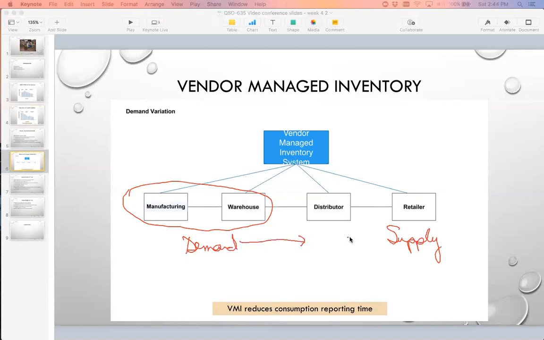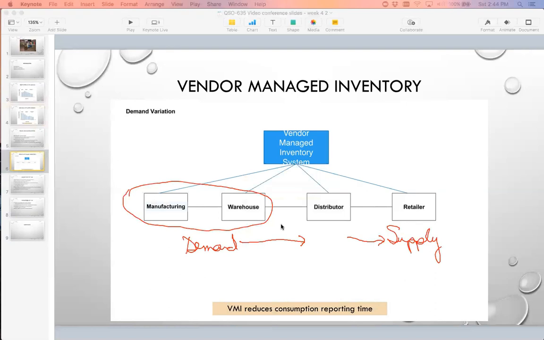They want demand and supply to be equal. Okay. So if demand and supply are equal, the distributor's happy. If demand is greater than supply, then they have shortages. Okay, and then the retailer's not happy.